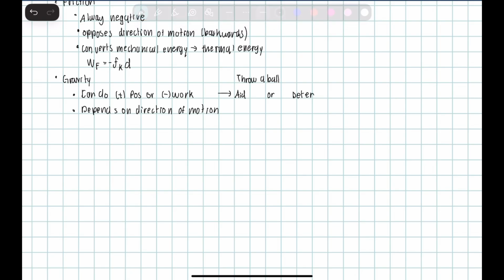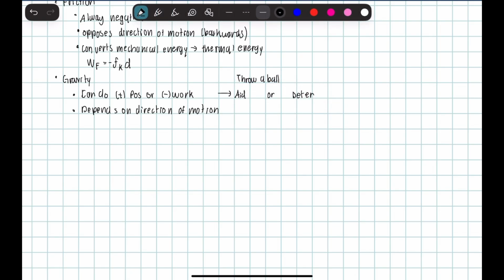When you throw a ball in the air, remember gravity is down. So gravity is always going down, and when you throw the ball up, this is going against the motion, so it's doing negative work.